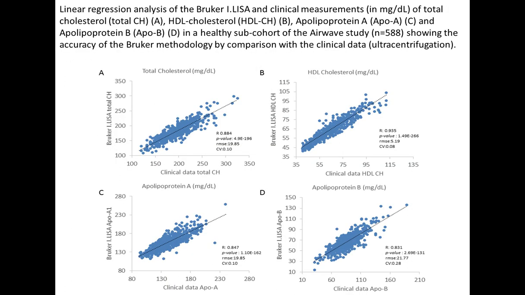Just looking at linear regression between the BI-LISA method and the clinical measurements, you can see whether it's total cholesterol, HDL cholesterol, or the apolipoproteins, that we have very high correlation between the NMR method versus the conventional clinical method.